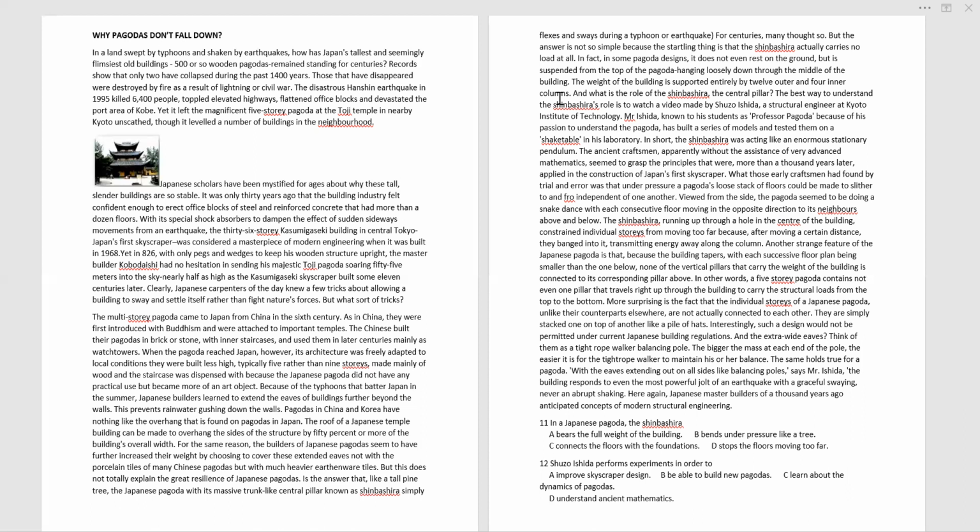Ma'am, 11 answer is D. Yeah, that's right for 11. It's D. So, first of all, why did you mark the previous answer? Ma'am, I bent under pressure, because I could see in the first page, last line, the Japanese pagoda with its massive trunk-like central pillar.